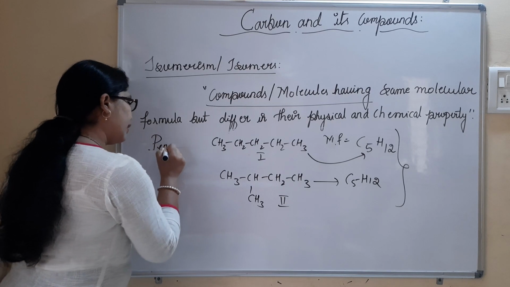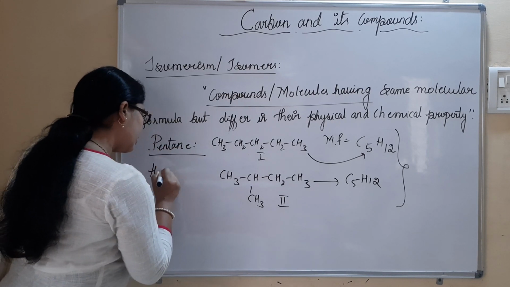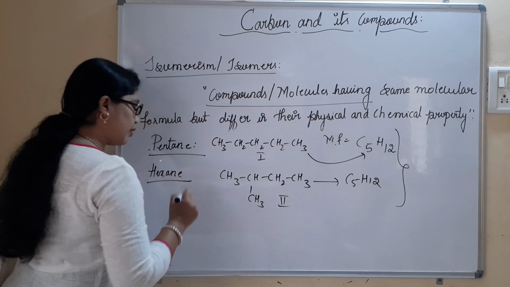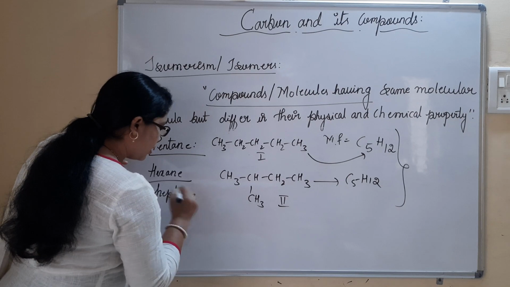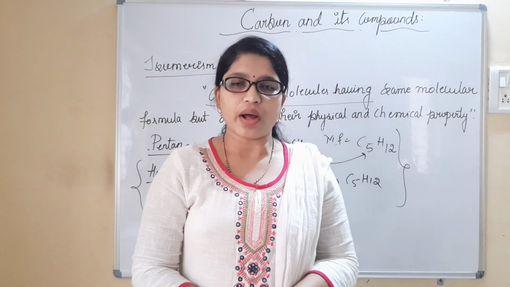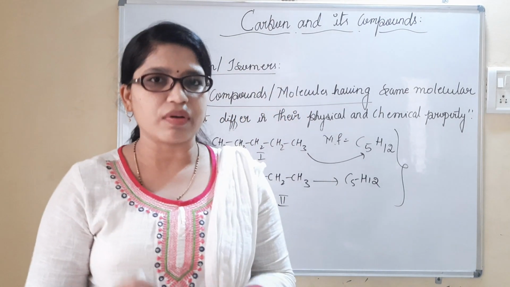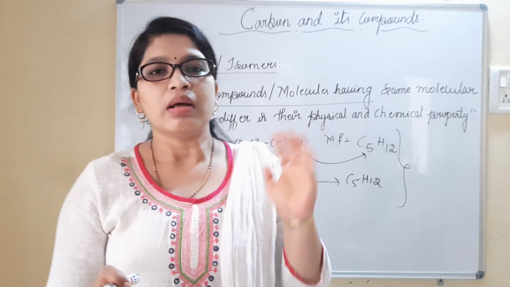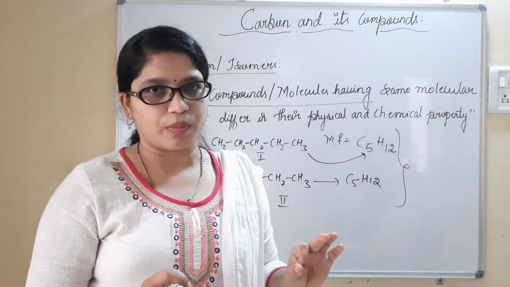Likewise, we could write hexane, heptane and so on. All these compounds will possess respective isomers. Isomers are those compounds or molecules having the same molecular formula but they differ in their respective chemical and physical properties.